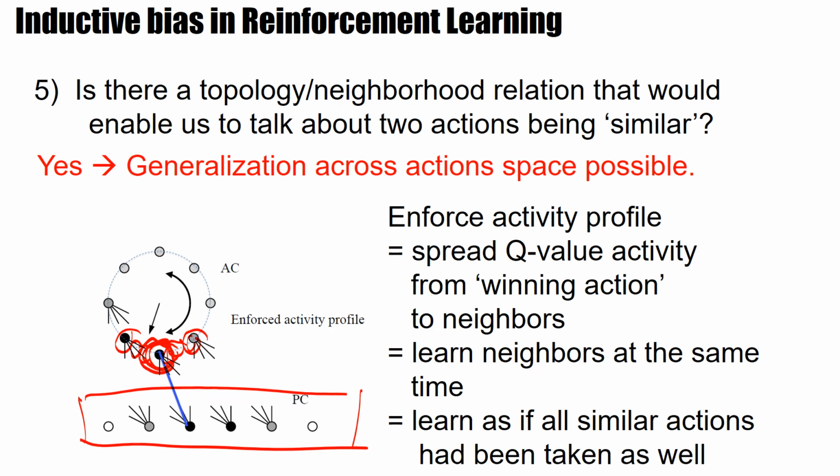So we spread Q values to the neighbors and we learn the neighbors at the same time. We have chosen these actions, but we learn as if similar actions in the neighborhood of this action would have been taken as well.